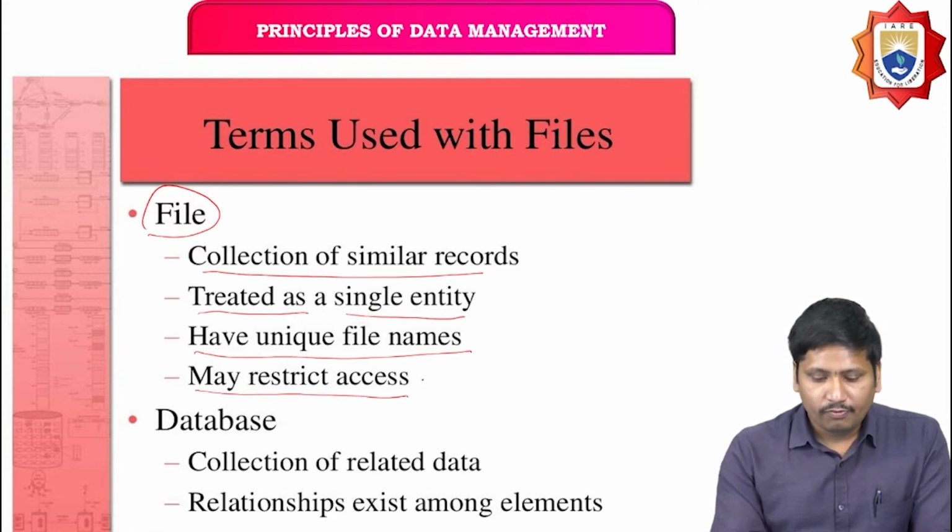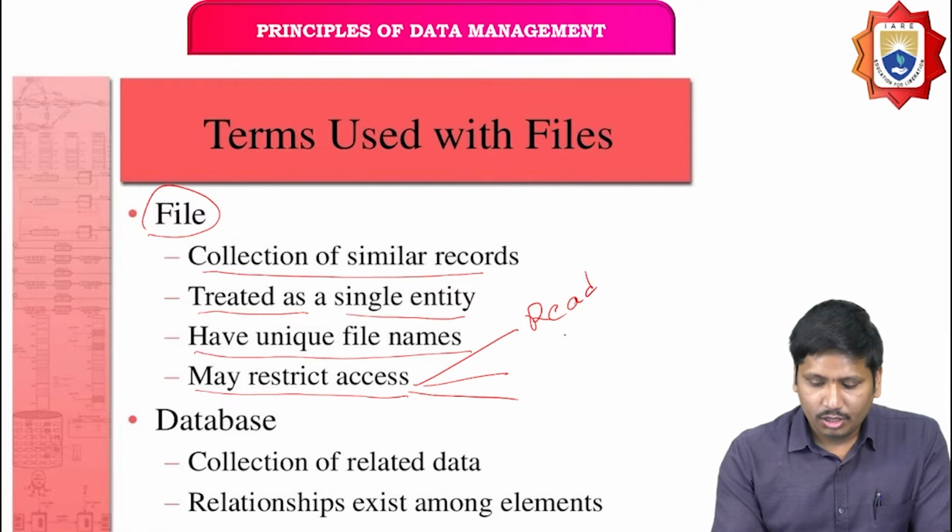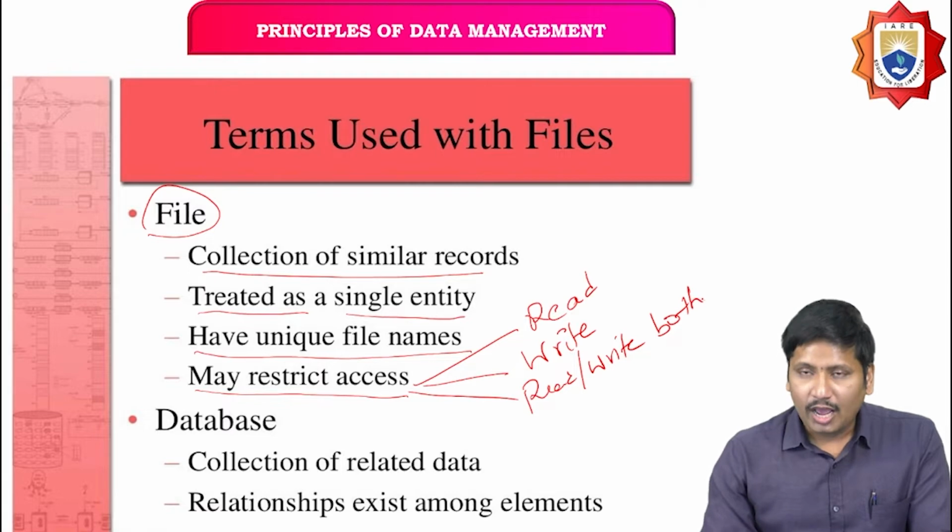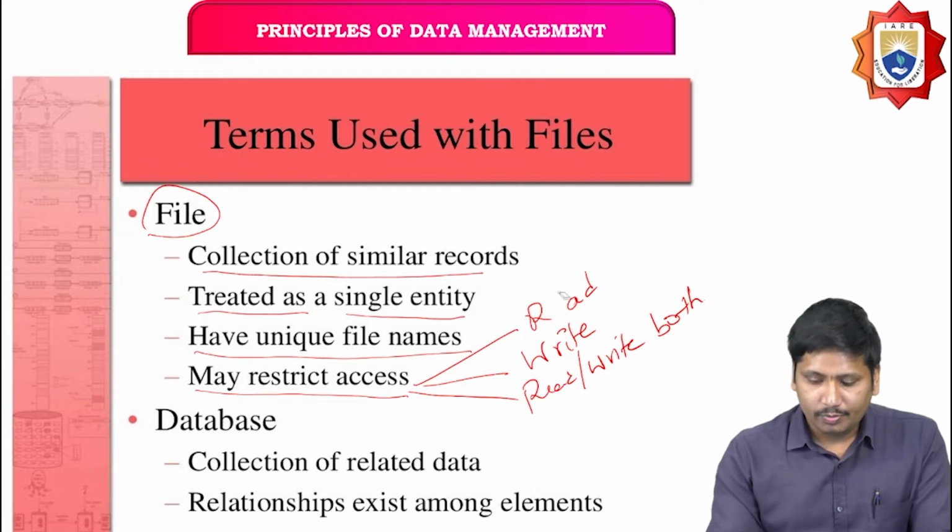That means the file can be accessed in three modes: the first one is read mode, the second one is write mode, and the third one is read and write mode, both. So we have different access modes for accessing the file.